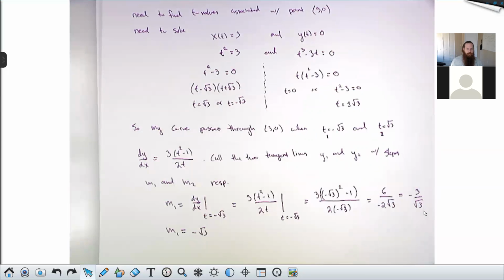So my first tangent line, the tangent line associated with the time t equals negative root 3, is the line with this slope going through the point (3, 0).